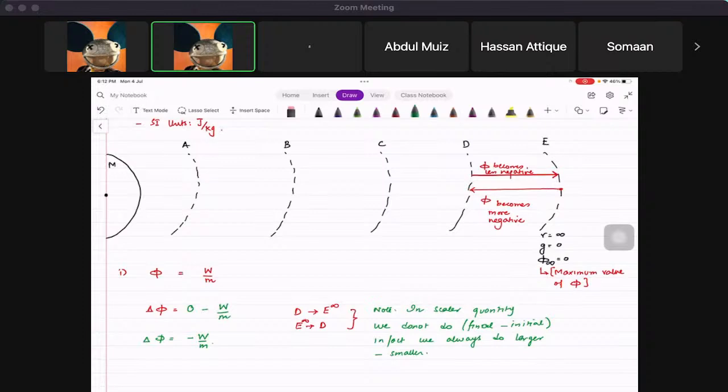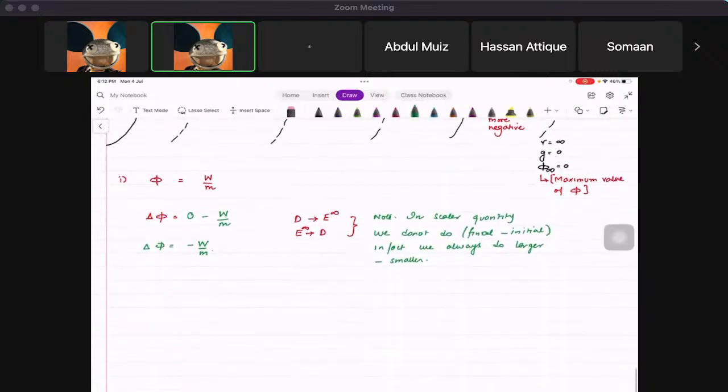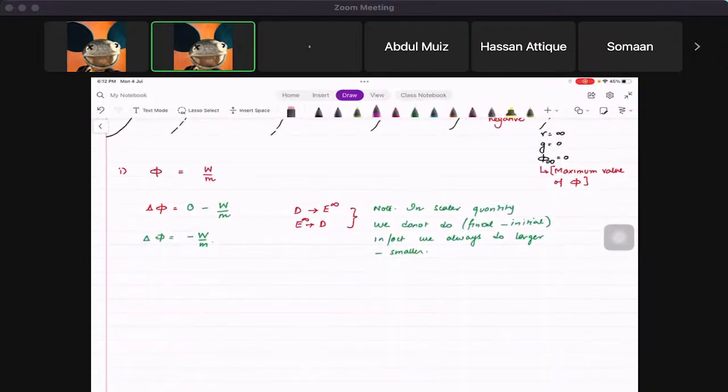Perfect. Now, keeping that in mind, the change in potential can be written as minus W upon m. Work done itself is force times the distance from the center of the mass, divided by m. And the other formula we learned before was that the force is given by GMm upon r squared.